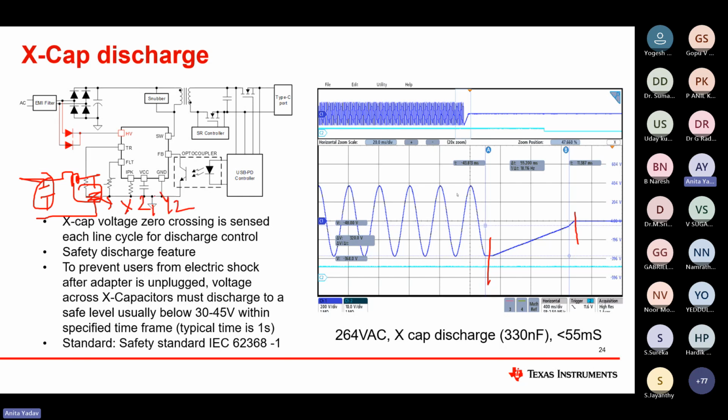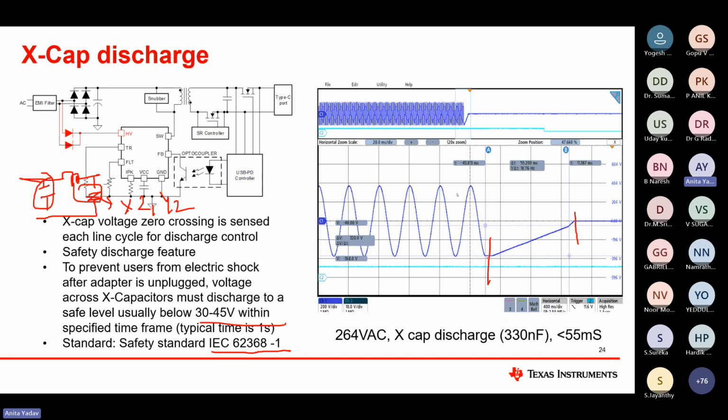These are different types of capacitors across which the voltage within 1 second needs to be dropped below 30 to 45 volts. The standard is IEC 62368-1. Here is one waveform on our reference design PMP 41117.